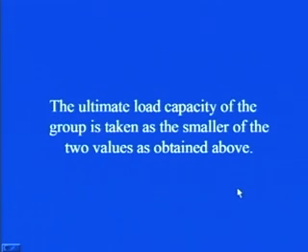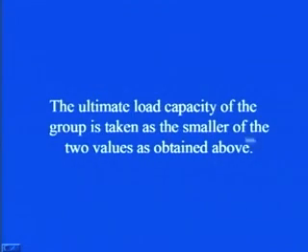Now you must be thinking, what exactly will be the type of failure, how will you get to know whether it will fail by block failure or by individual pile failure, how will you decide upon that? So, what we do is we try to get the ultimate load carrying capacity by both the methods, that is by block failure and by individual pile failure, and then we compare these two values and take the lesser one.